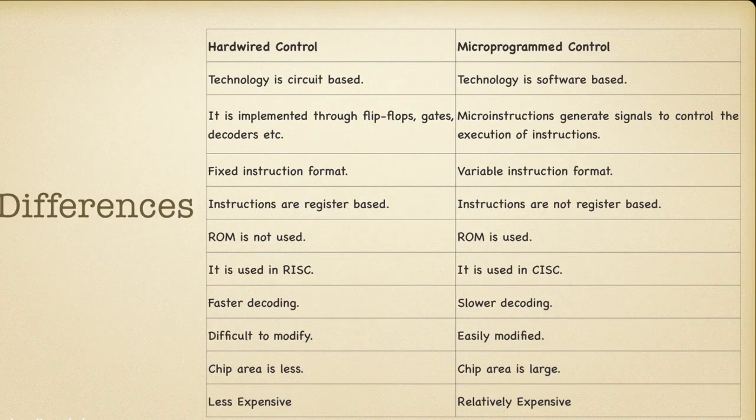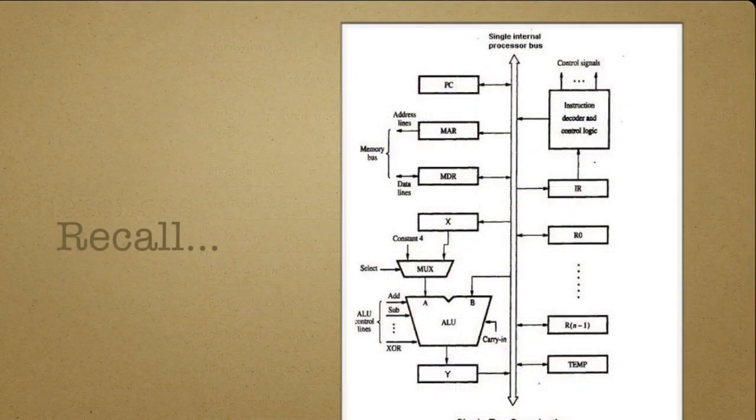Chip area is less in the hardware case, but large for microprogram control. When we manufacture these control units, hardware control is less expensive, but microprogram control is relatively expensive.